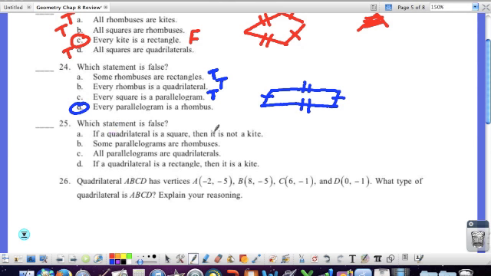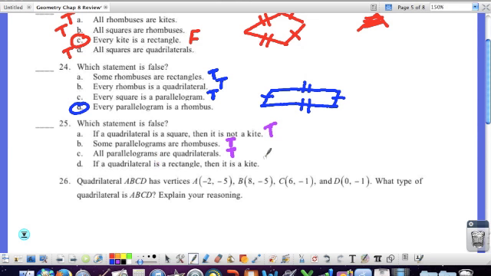And changing the color again. Which statement is false? If a quadrilateral is a square, then it is not a kite. That actually is a true statement when you look outside of the resources of our book. Some parallelograms are rhombuses. That's true. All parallelograms are quadrilaterals.